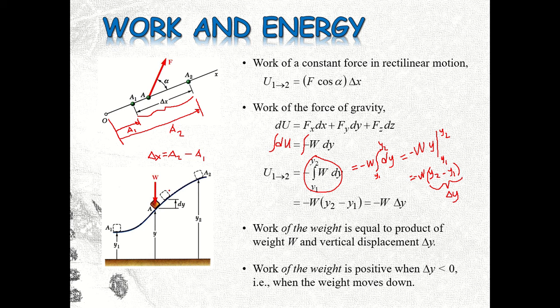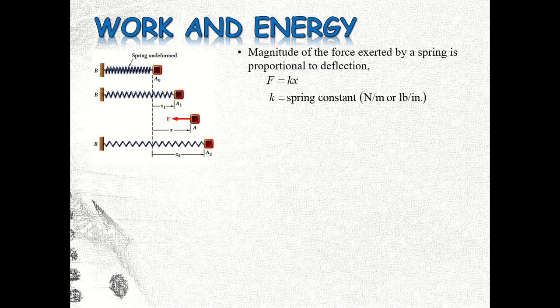In that case, because you have small minus big, you get a negative result. Negative multiplied by negative gives the positive. So that's why the work of weight is positive when delta Y is negative, and that happens only when the weight moves down. Okay, so I hope it's clear with you.